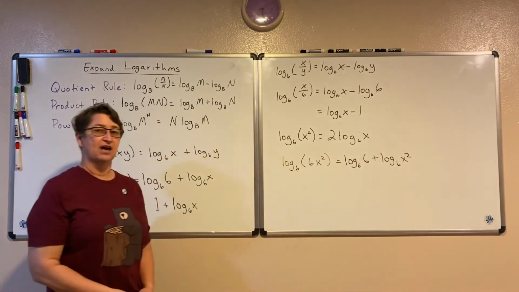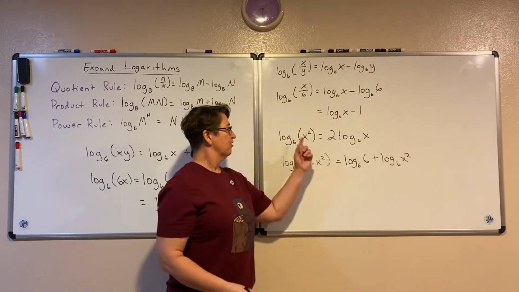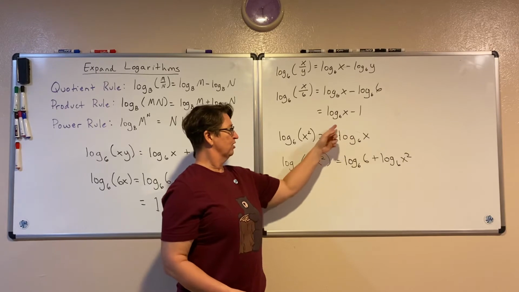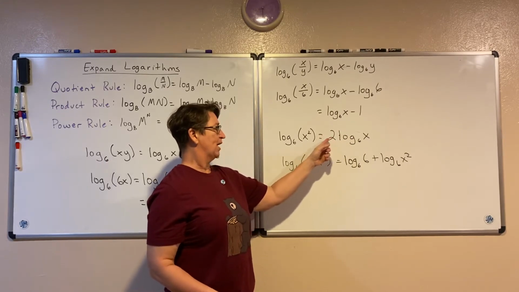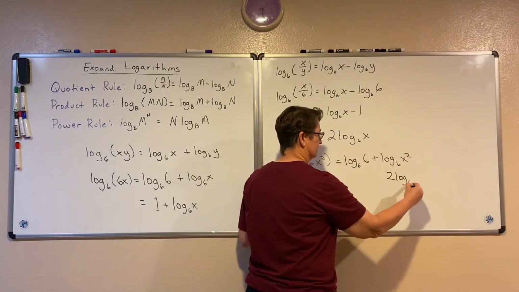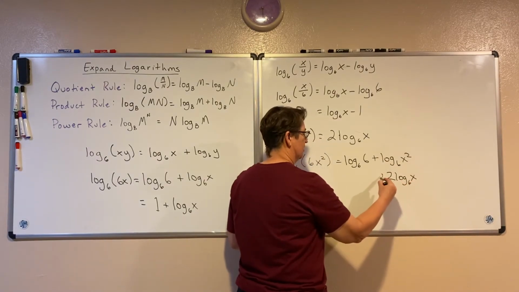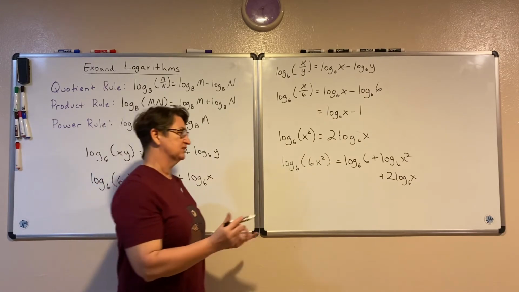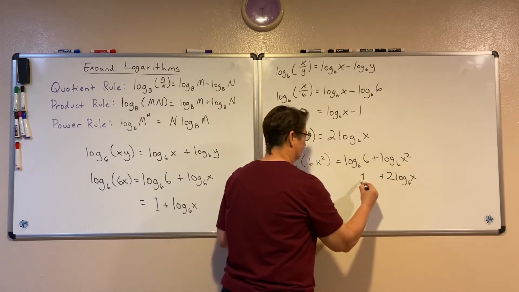Now in this case, I can do a couple of things. Here I had my x squared, where I use my power rule so that I end up with 2 log base 6 of x. But then I also can evaluate that the log base 6 of 6 is just equal to 1.